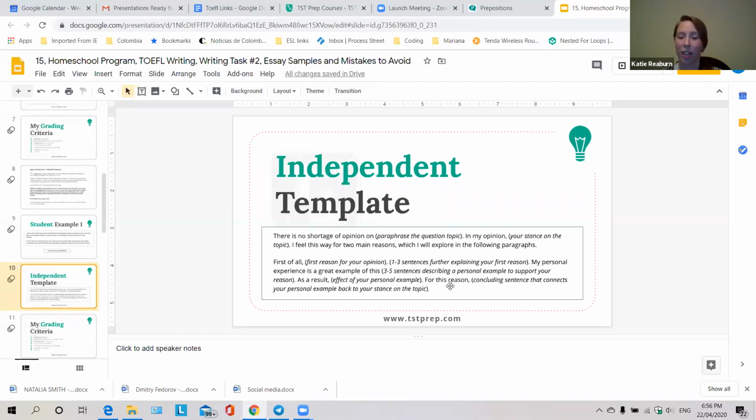It's something that ties up your argument there, your paragraph, connects things back to your reason, to the topic. We need this because it's going to make things very clear about why you've told that story, why that story connects to what we're talking about.